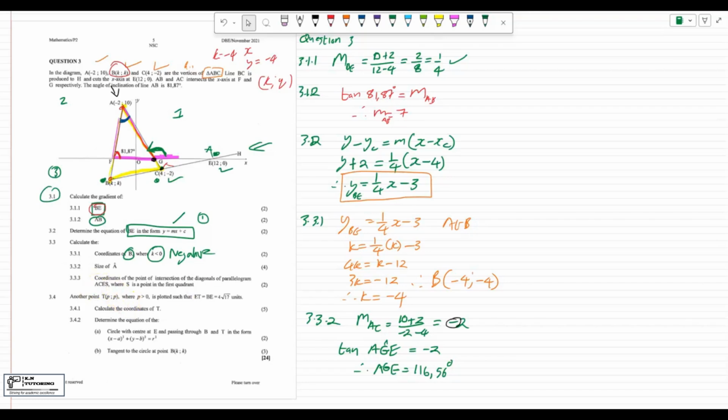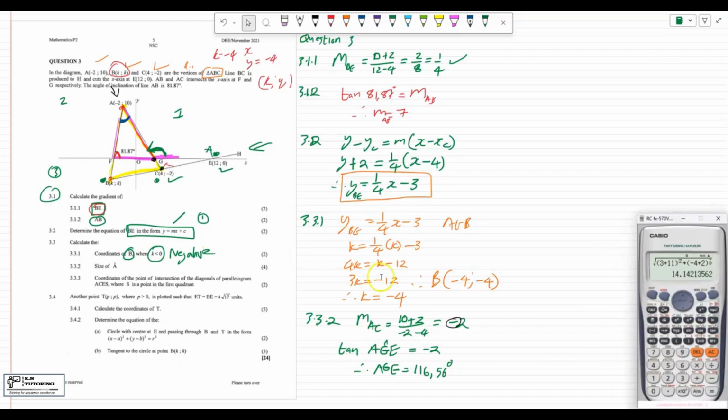Maybe let me pull up a calculator so that I can show you how I got that. So we can say arctan of negative 2, and for this answer, you just add 180 degrees.